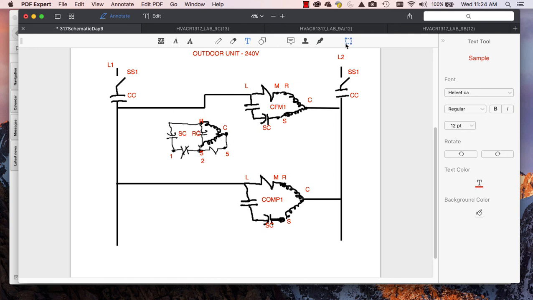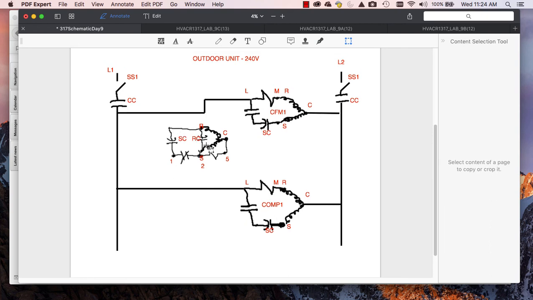Okay, I'm going to cheat a little bit and copy that. Edit, copy.